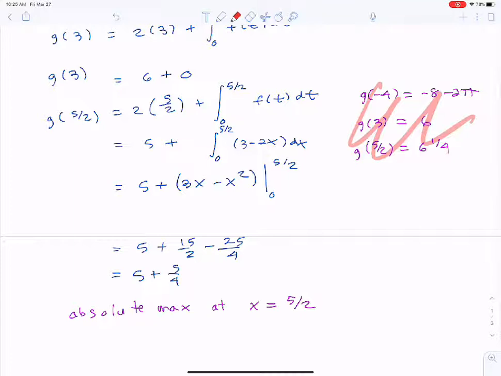Your work's done. You don't have to keep showing over and over how you find the same value. For example, I didn't show how I found 9 pi over 4 because I'd already found it in question A. So absolutely not. Okay, any further questions before we move on to C?